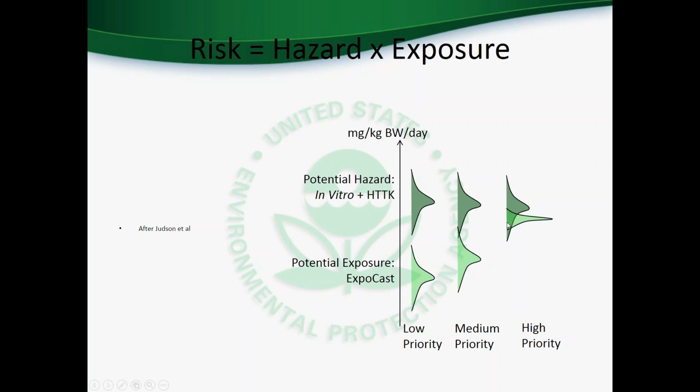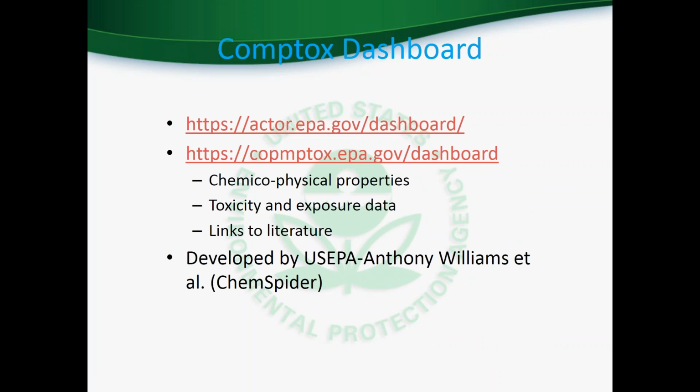So these are some of the things that are available through these high throughput and computational tools. And if you do write down anything at all and do visit any of the computational tools that we have available, I would suggest these two right here.